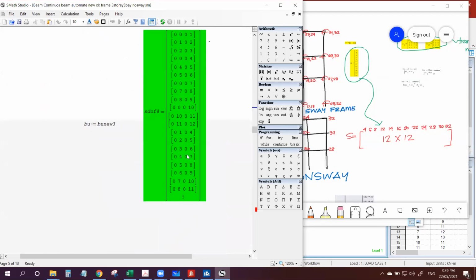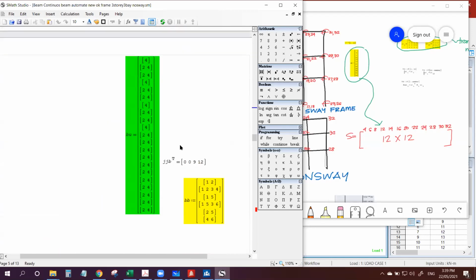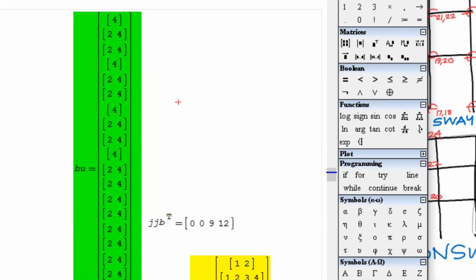Okay, the green one is now my BU. As you see, this is what I explained earlier, the pattern.